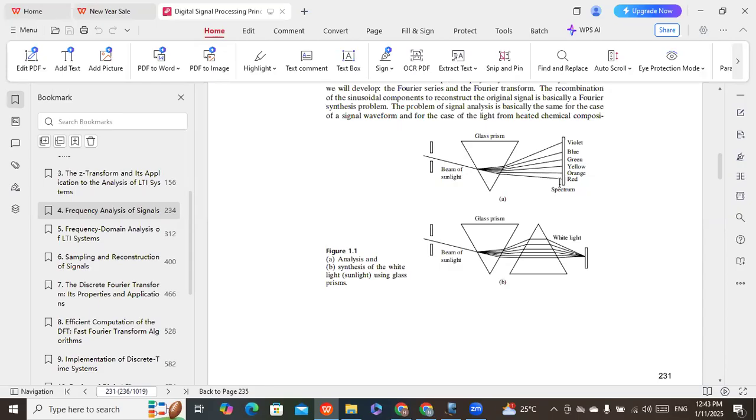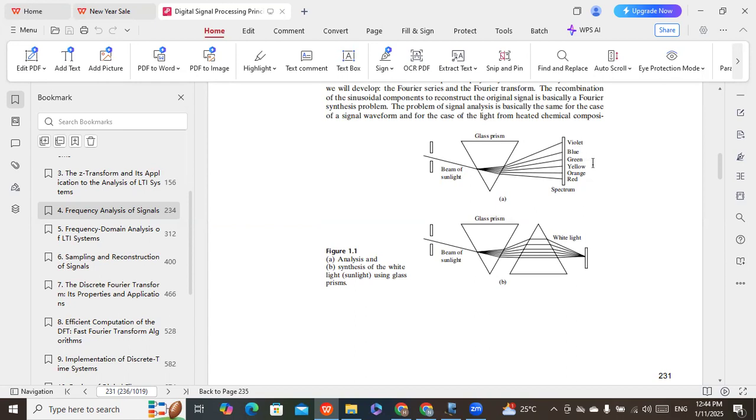So actually it is like this. If you have a direct light, that means it is white light. You know that the white light has several colors.